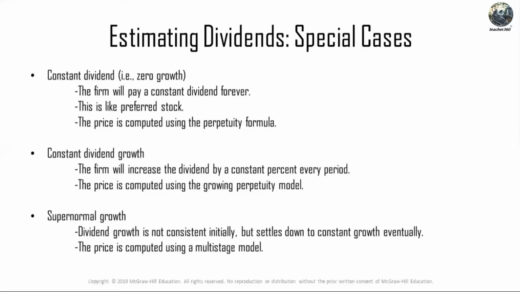So if currently your dividend payment is $10, then at the rate of 5% growth in year one, your dividend payment will be 10.5, and in year two, your dividend will grow by 5% times 10.5.